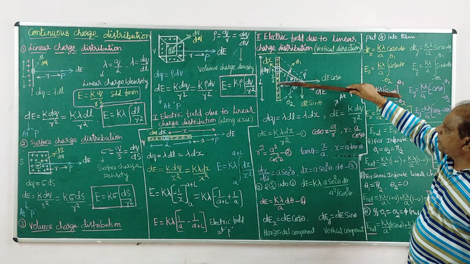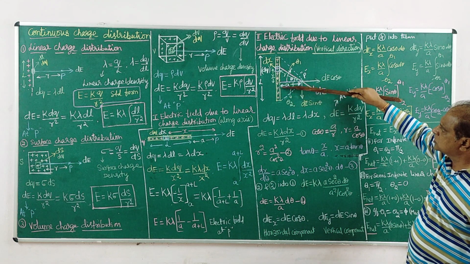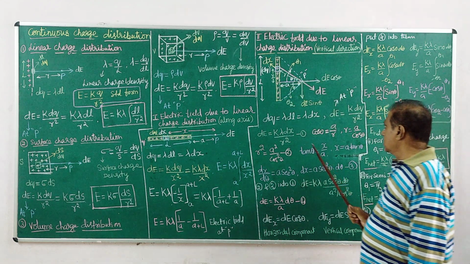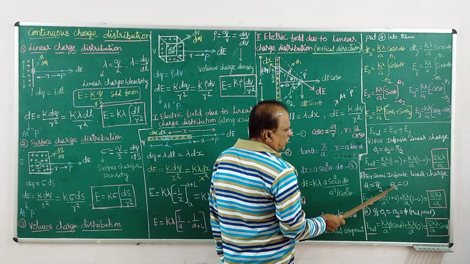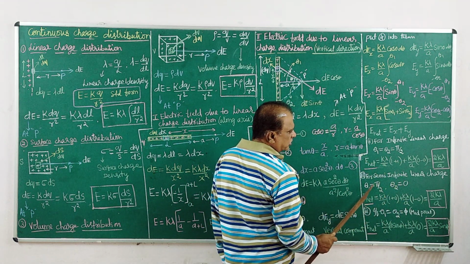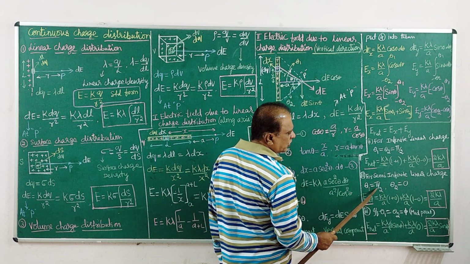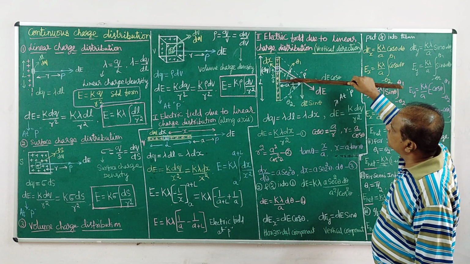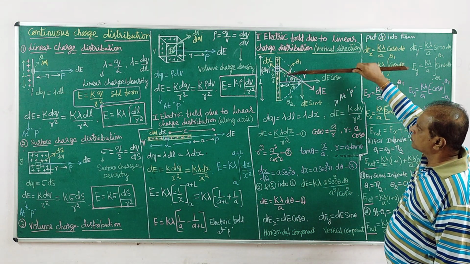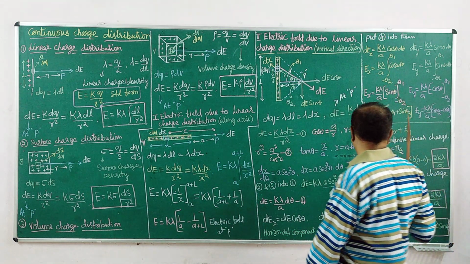Compared to that, this length almost approaches zero, so this angle approaches zero. This angle will approach pi by 2, 90 degrees, as the length extends to infinite distance. Only one angle is pi by 2.